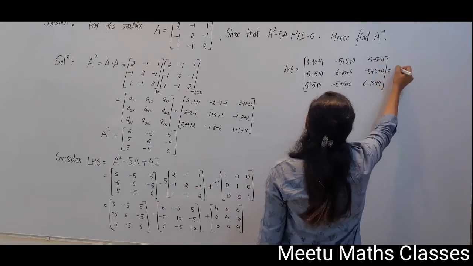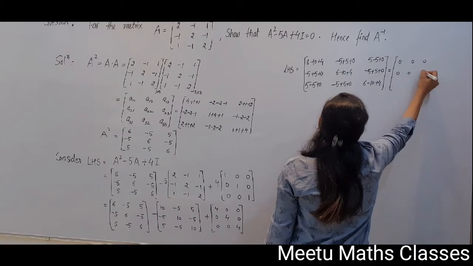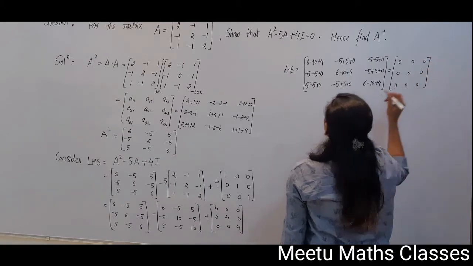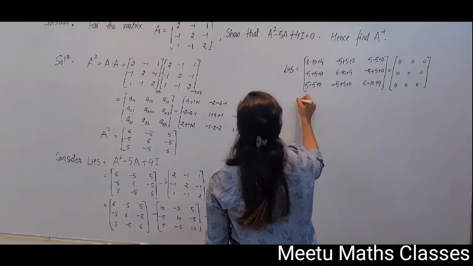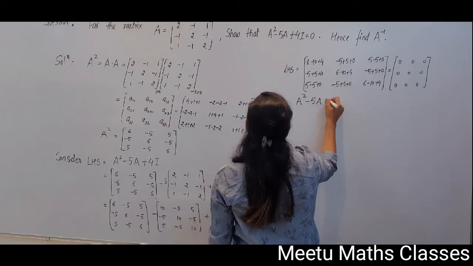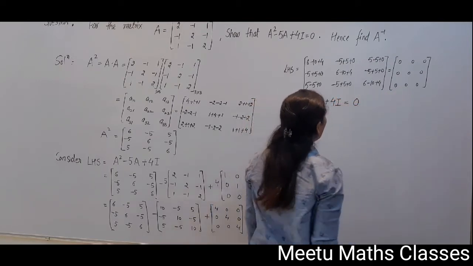And you can realize that it is coming a 0 matrix. So you have proved that A square minus 5A plus 4I is giving a 0 matrix.